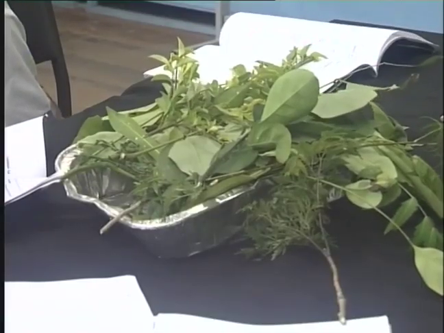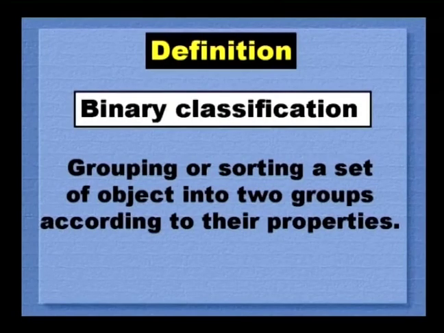We have a definition. There is only one phrase there. It says binary classification. Now it means grouping or sorting a set of objects into two groups according to their properties.